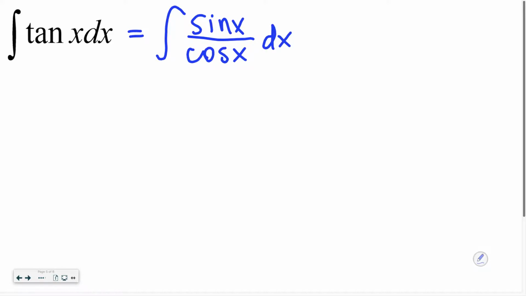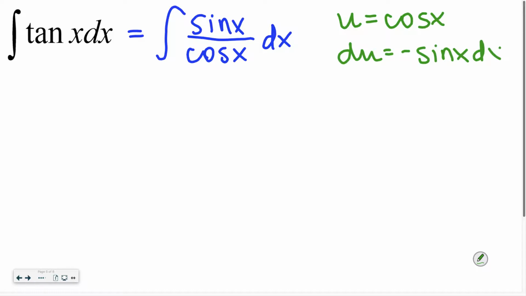Okay. So if we were going to use u substitution for this, which function would we have to let u equal? Cosine. If you let u equal sine, the derivative would be cosine, and we technically have 1 over cosine.